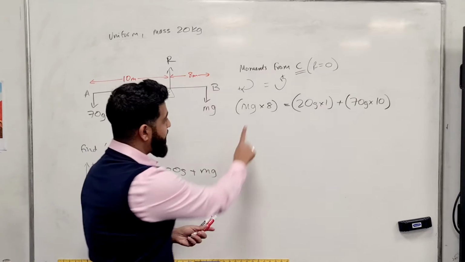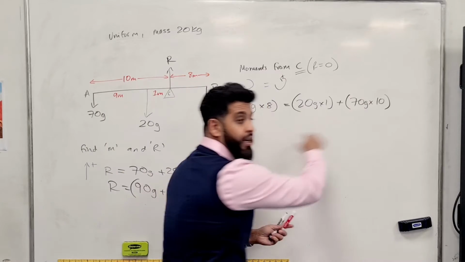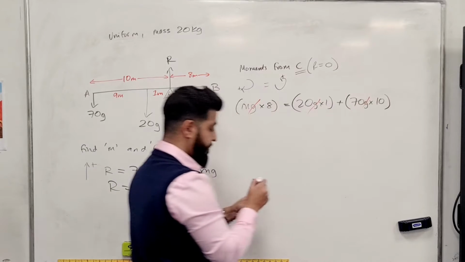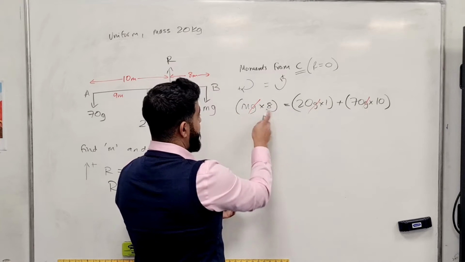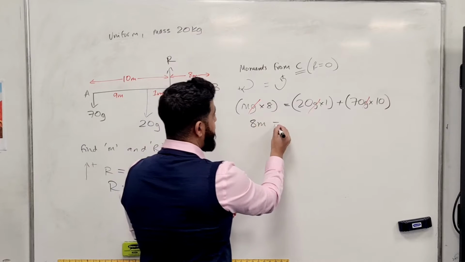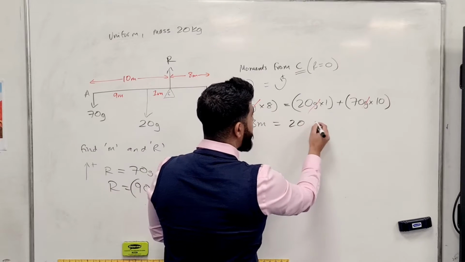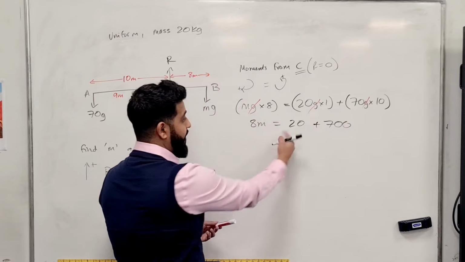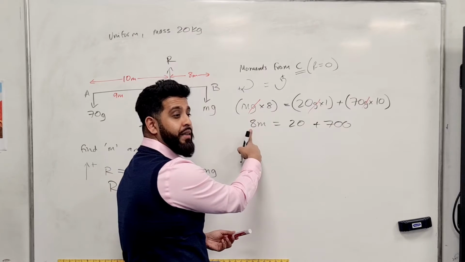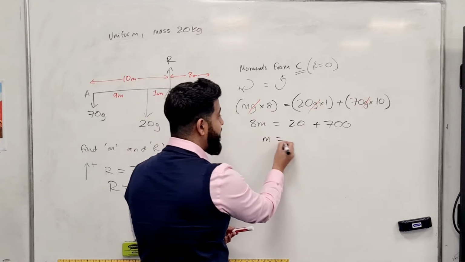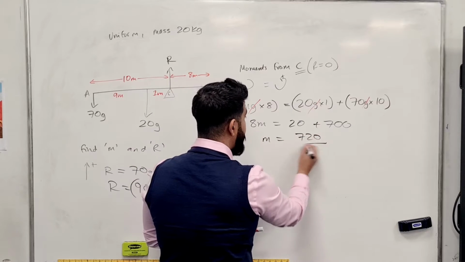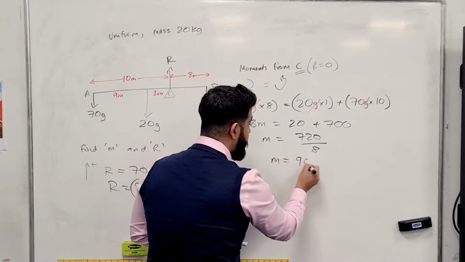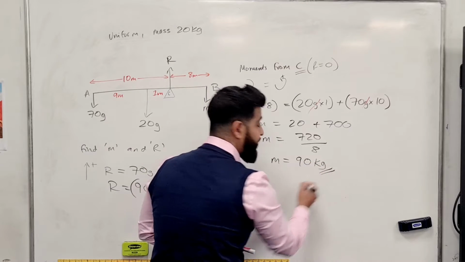Now, you will notice that everything has a g, so I can divide by g. So I can cancel all the g's out, leaving me with just 8m equal to 20 plus 700. And then I can add these together and then divide by 8. So m is equal to 720 divided by 8, and I can find my m. So m is equal to 90 kilograms.